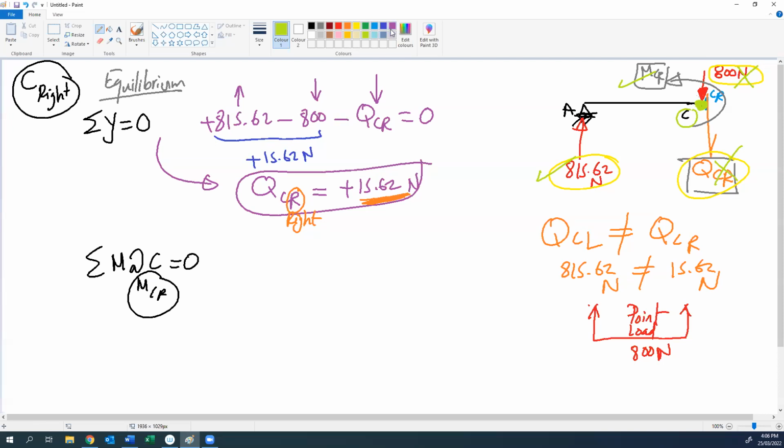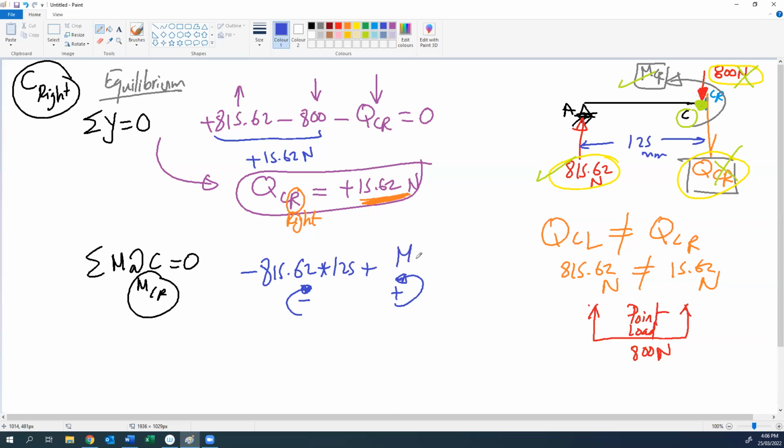So if we apply this here, we will have 815.62 multiplied by the distance. This distance is 125 millimeter. So 125, and I will give it a negative sign because this one is rotating clockwise. The moment MCR is rotating anti-clockwise, so I will give it a positive sign.